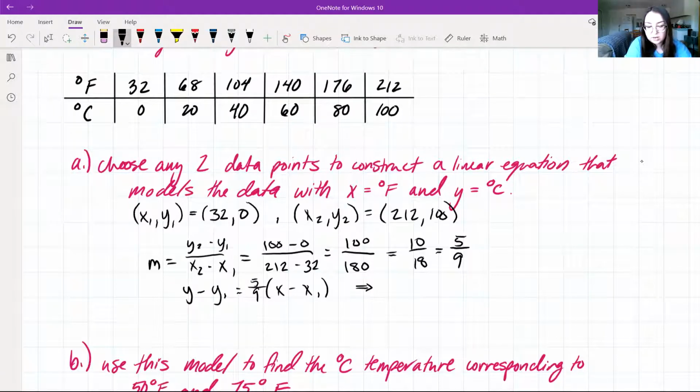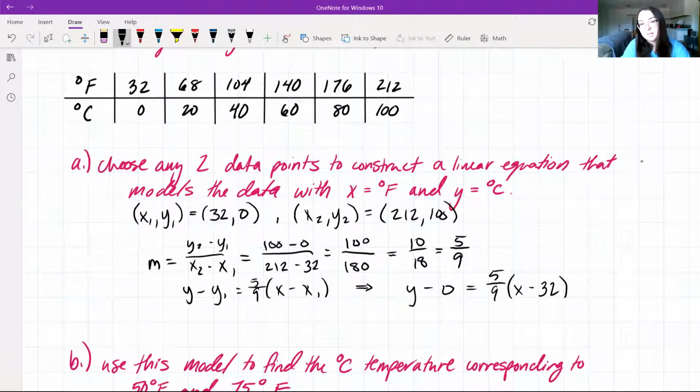This turns into y minus y1, which is 0, equal to 5 over 9 times x minus x1, which is 32. And y minus 0 is just y, so our final answer is y equals 5/9 times x minus 32.